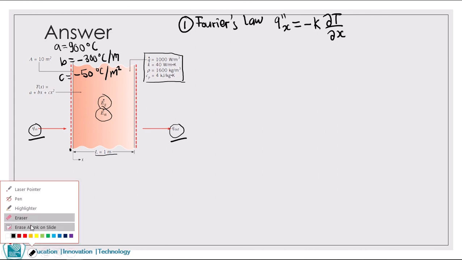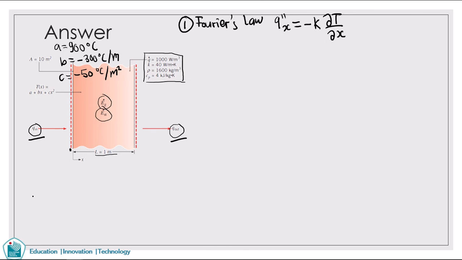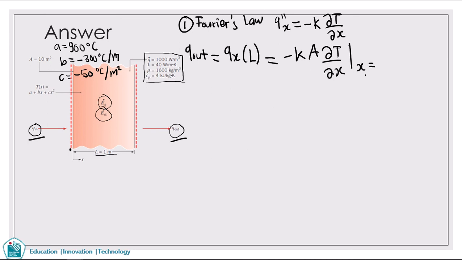Okay, let's do it. So for the Q out here, Q out is equal to Qx when x equals L. So the equation becomes minus Ka dT over dx when x equals L.